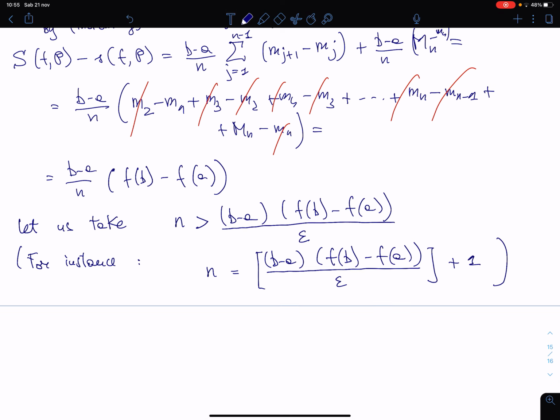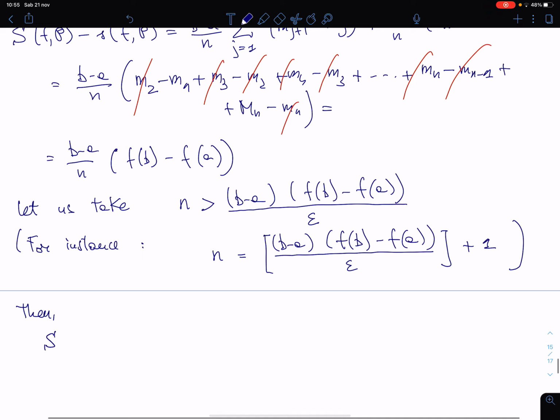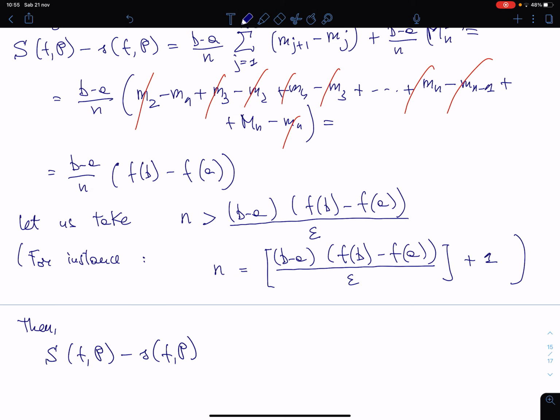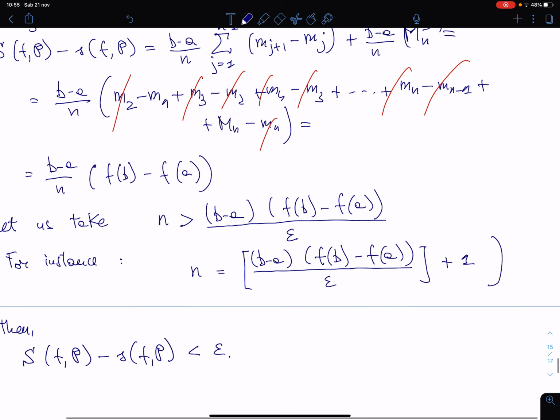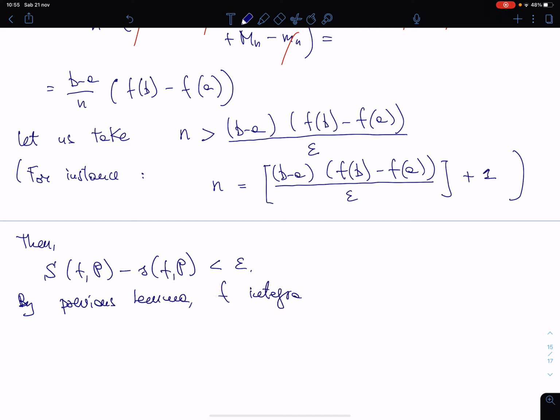Then what we have is capital S of P minus small s of P less than epsilon. So by the previous lemma, we know that f is integrable in ab.